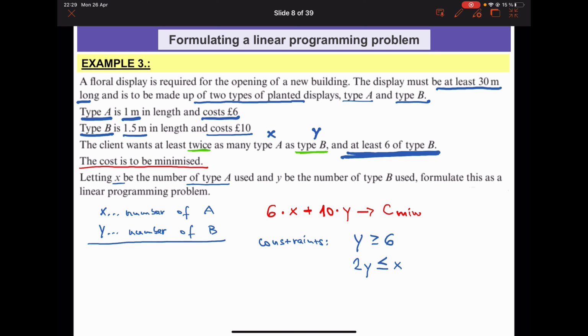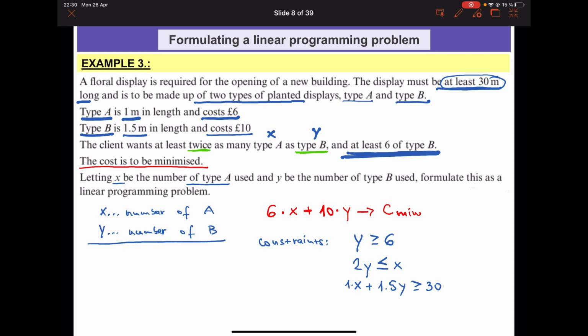Now I have one more constraint, because it must be at least 30 meters, and I know type A is 1 meter and type B is 1.5. So if I have 1 times x plus 1.5 y, when I add the length, it must be greater or equal to 30.